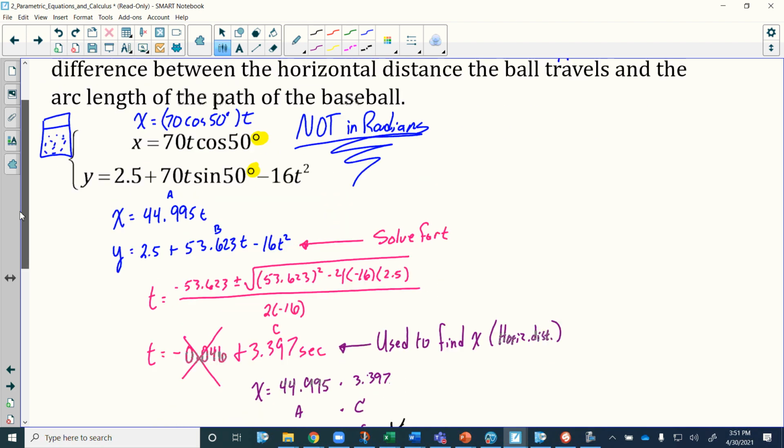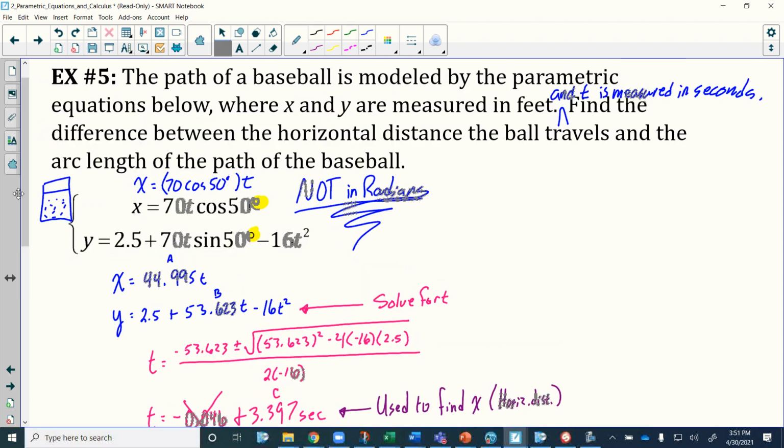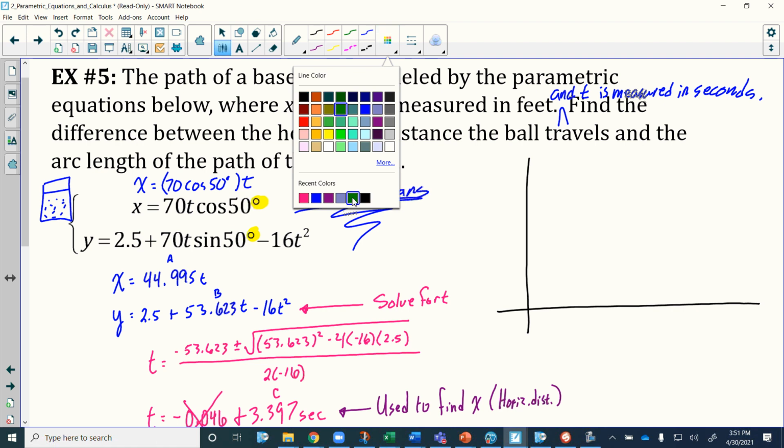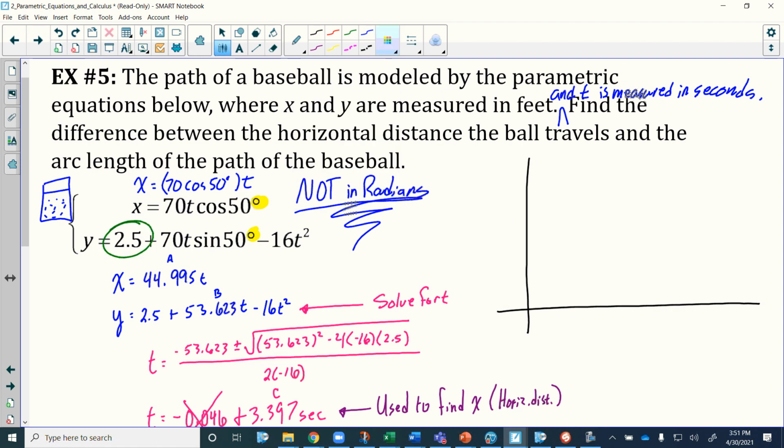So if we graphed it, I'll just use this blank space here. If we graphed it based off of the position function, and let me do this one in a different color. Based off of the position function that we have, it starts at 2.5 feet above the ground. The player is going to hit it, and it's going to travel in some kind of a parabolic arc like this. And the x-axis is going to represent time.